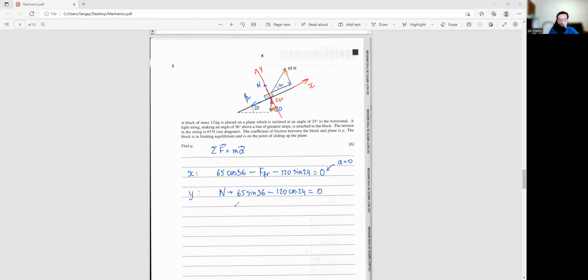Now we also know that the force of friction equals the coefficient of friction, which is mu, times the normal reaction N. Now this time we've got simultaneous equations, and hopefully we can solve it for mu. First things first, I will find the normal reaction from this equation on y-axis. N equals 120 cosine 24 minus 65 sine 36.